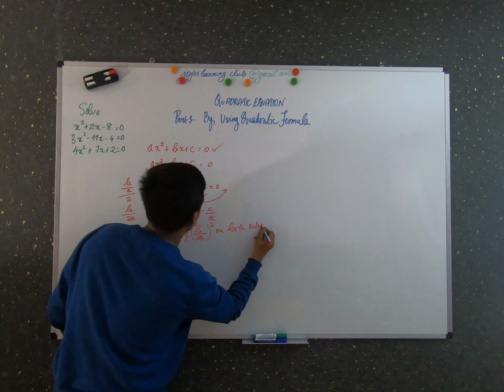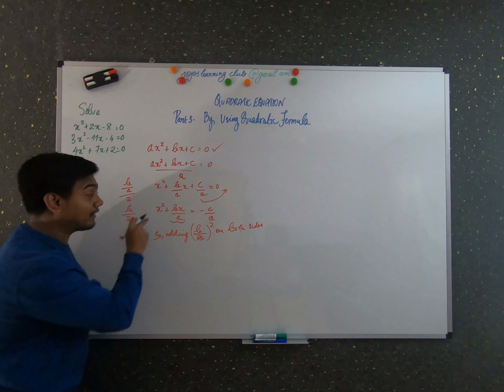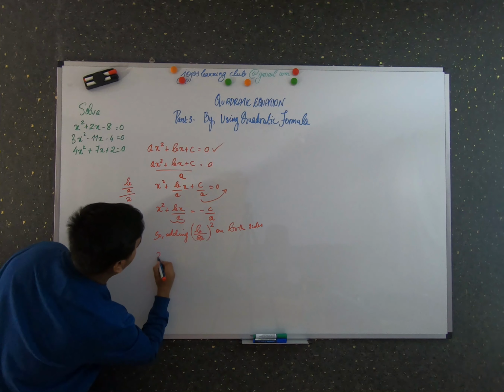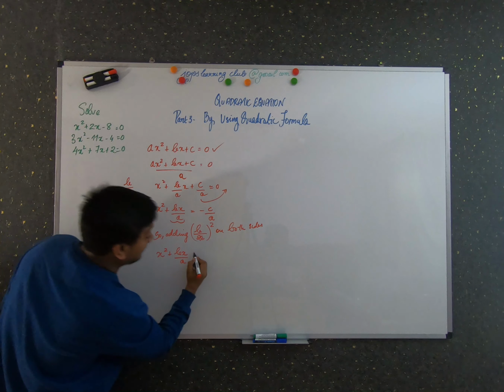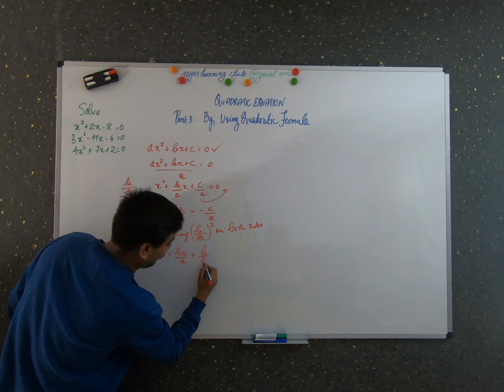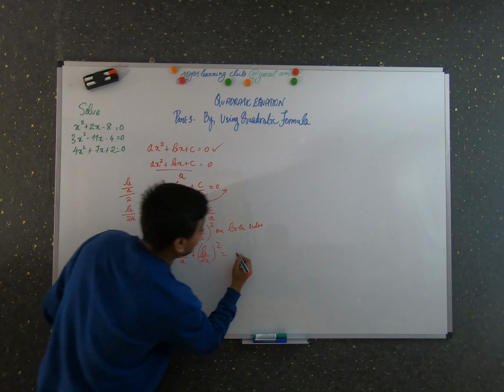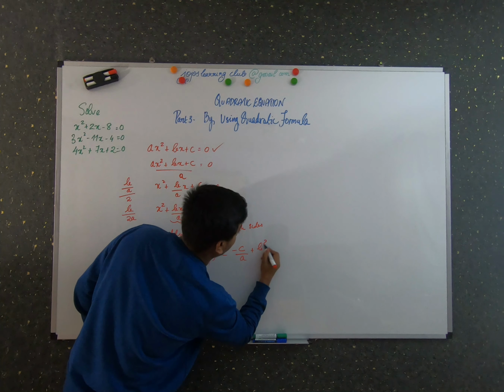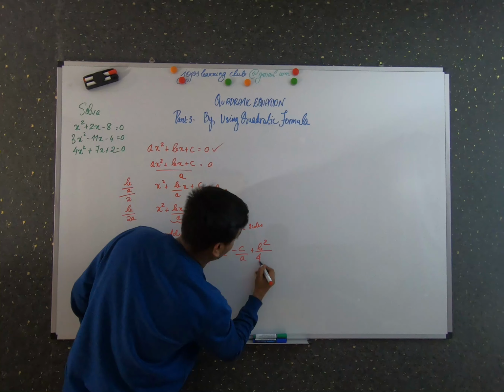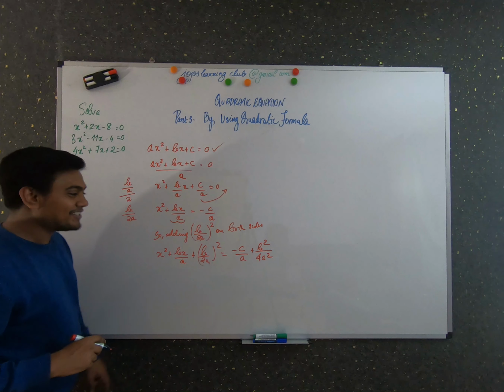I'm adding this term so that it becomes a perfect square on the LHS. So x square plus bx by a plus b by 2a the whole square is equal to minus c by a plus, opening the bracket, b square by 4a square, right?